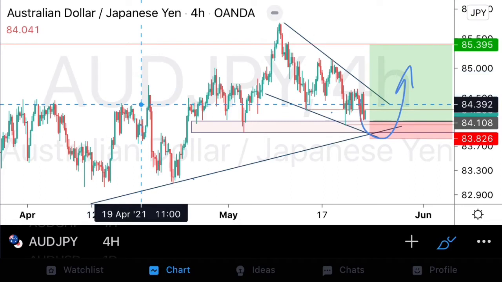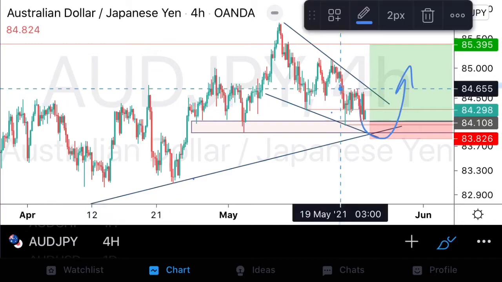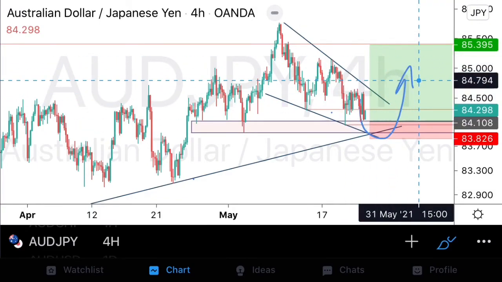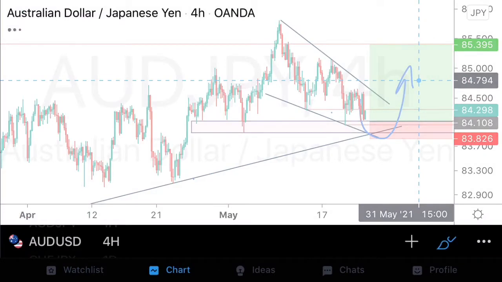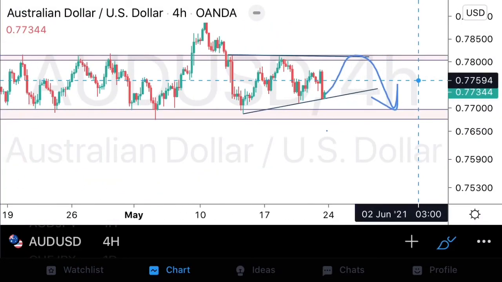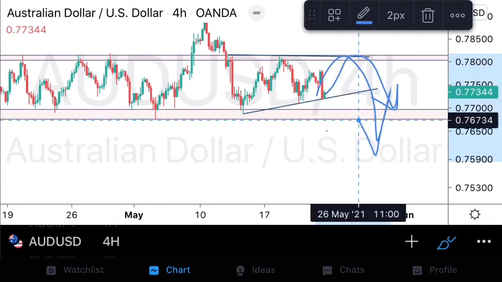And by looking at two different setups that are giving us valid probabilities in opposite directions that are both correlated, we give ourselves the opportunity to trade AUD strength, and we give ourselves the opportunity to trade any AUD weakness that we might see.